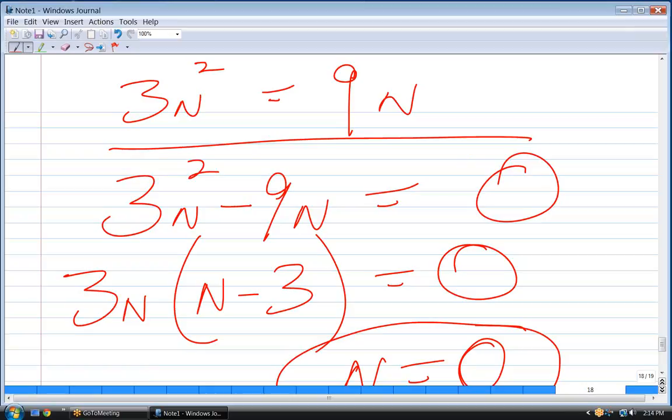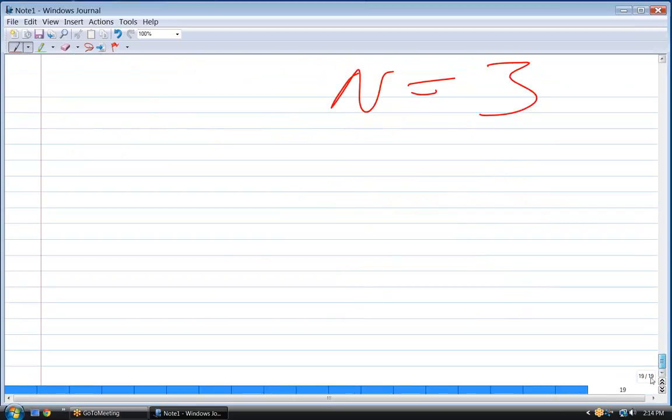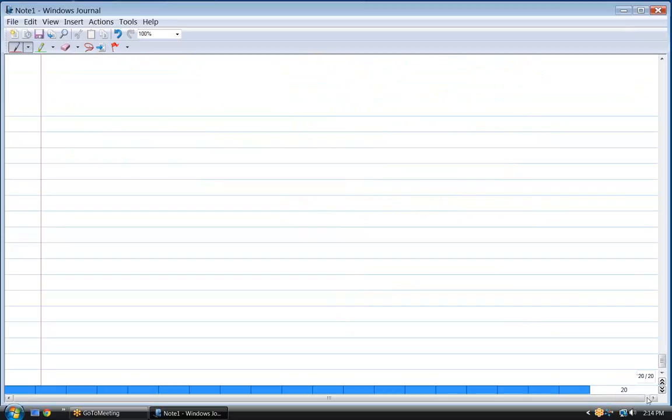Just always remember that you don't want to be dividing both sides of an equation by a variable if that variable can be 0, because if it is 0, you're going to lose that solution. It will definitely cost you points on a test, guaranteed. If that was a 2-point problem and you only came up with n equals 3, you'd have lost a point.